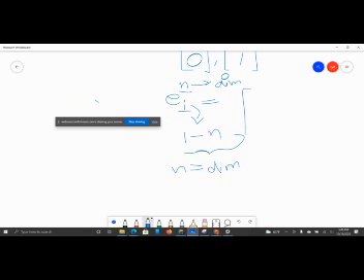In particular, e_i is defined as this vector, which has zeros everywhere else. So every other element is 0, but just at the ith element, we have a 1. And again, everything else is 0.